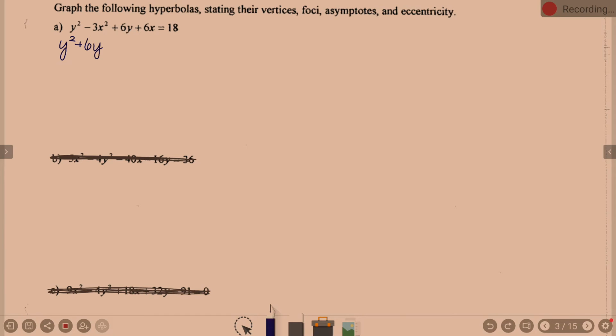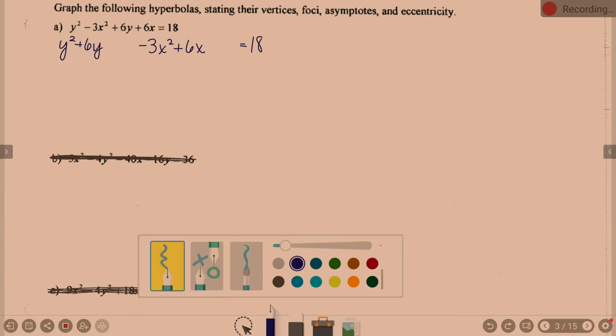I'm going to start leaving my gap now. Then minus 3x squared plus 6x, with a gap, equals 18. I don't have anybody to move over; it was already over there. So I grouped the variables together.